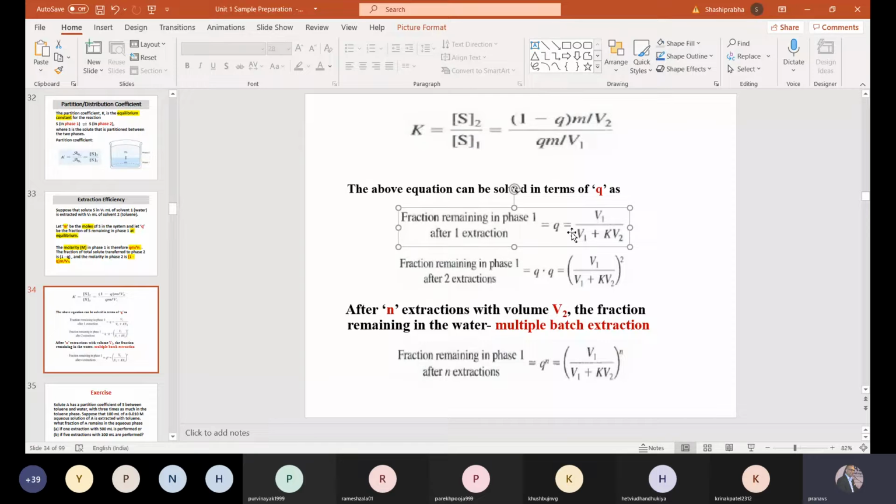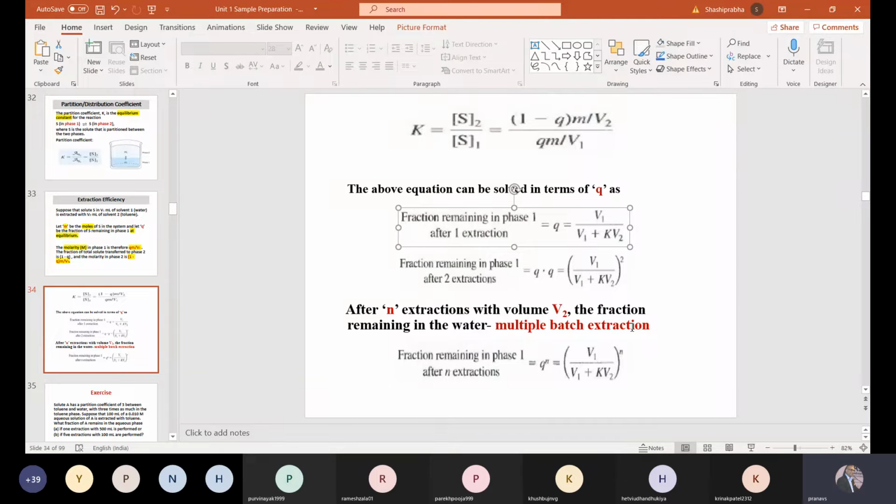So if you do two such extractions, this formula takes the form of Q square, because you have done it twice, and this becomes the square of this entire term.